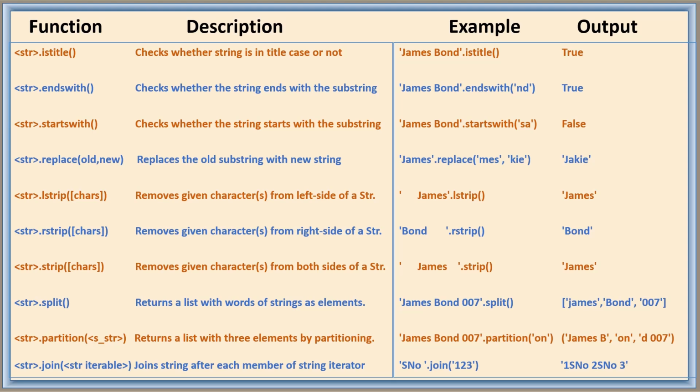So here 1 serial number, then 2 serial number, then 3. Each character of a string will appear before the string until all the elements of the string iterable get over. Let us understand all these string functions more clearly in the Python window. I will demonstrate with different inputs, so keep watching.